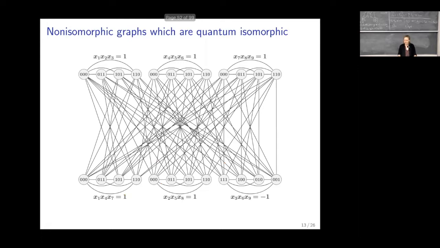Okay, so here is the smallest pair of quantum isomorphic yet different graphs. They are on 24 vertices. They don't fit on a single slide, so I'm using two slides, going back and forth. That's the smallest example that we know of, and I think David will maybe tell you more about how this reduction works.